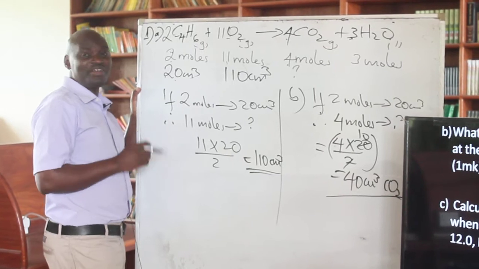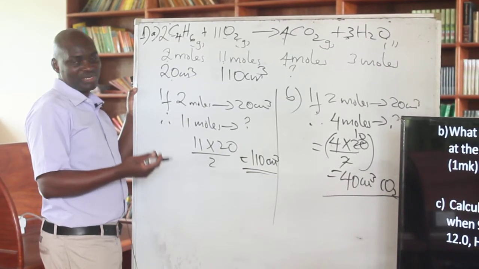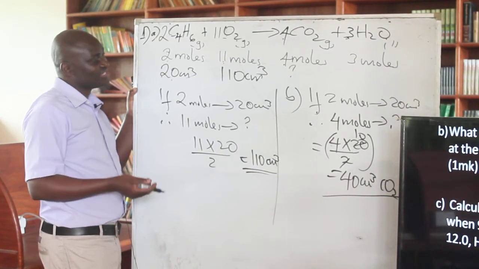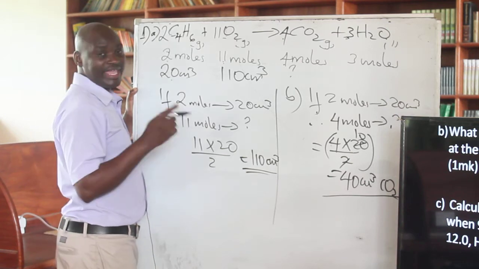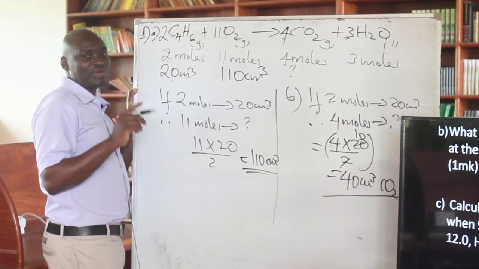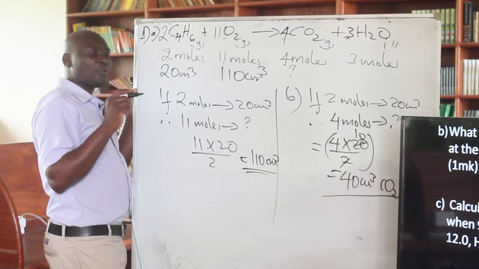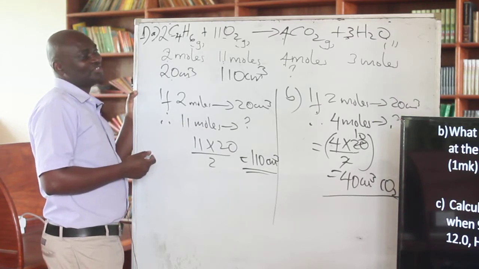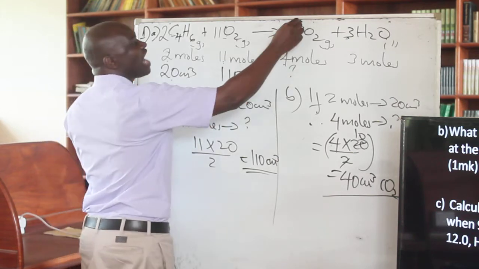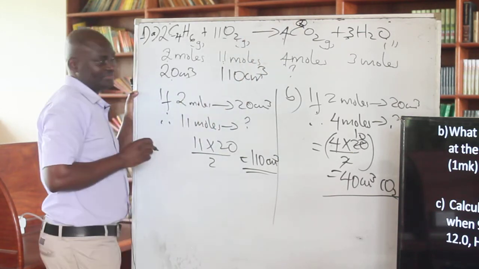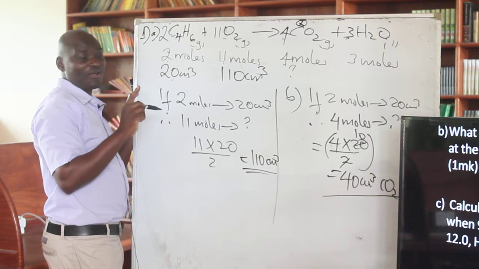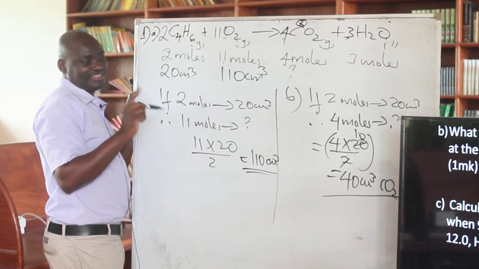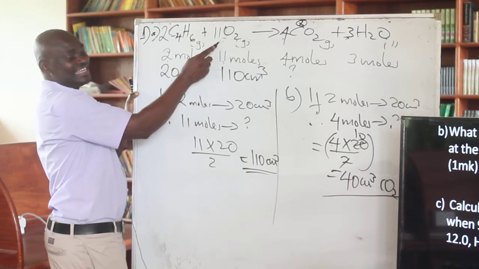So at the end of the reaction, what will be left? The question here is for us to identify what are the components of the remaining gases. At the end of your reaction, you have the product, which is carbon dioxide, then unreacted oxygen.